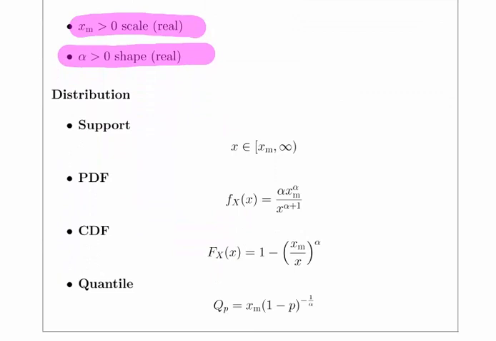And the shape parameter alpha. Now the support is the range of possible values, so x is between xm and infinity, and xm is clearly 250. Now the probability density function, f of x, is alpha times xm to the power of alpha over x to the power of alpha plus 1.